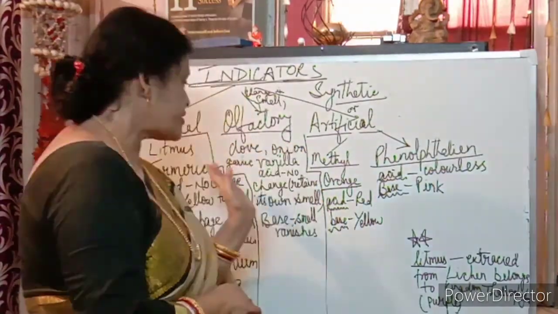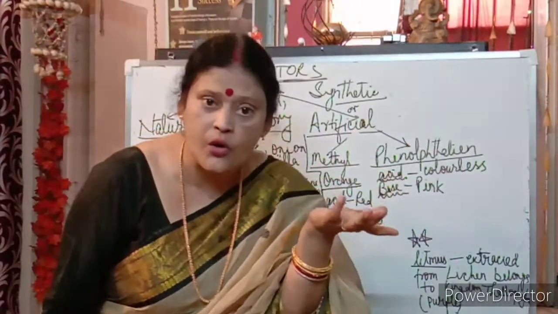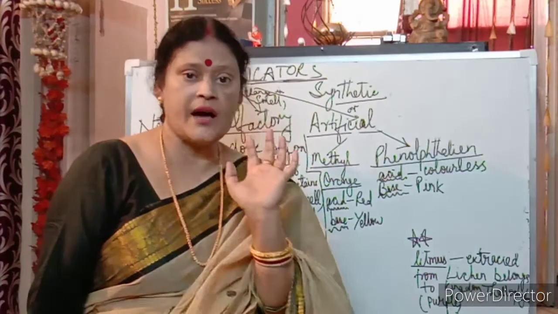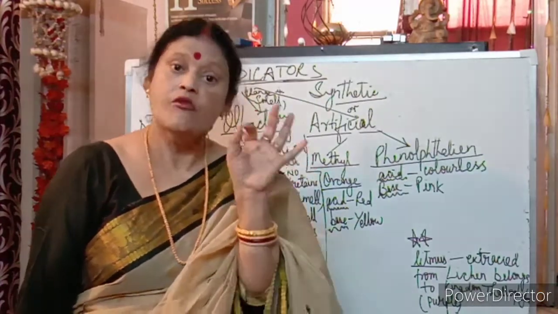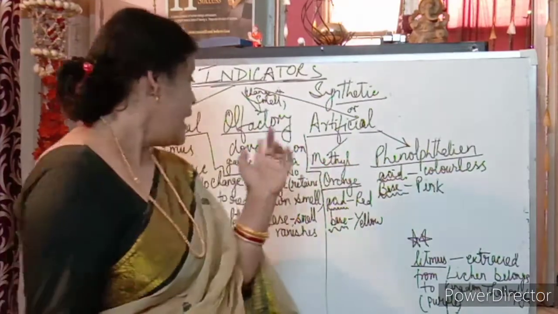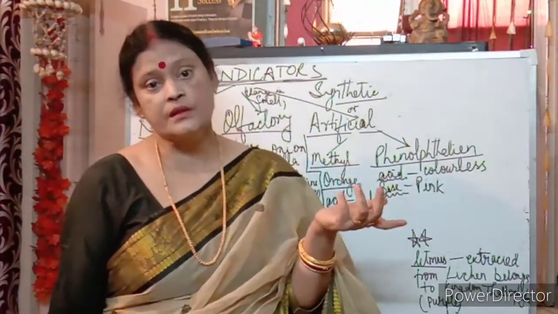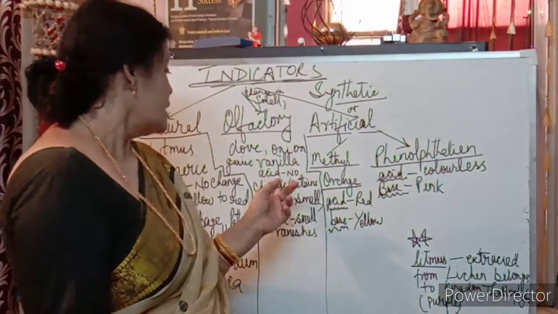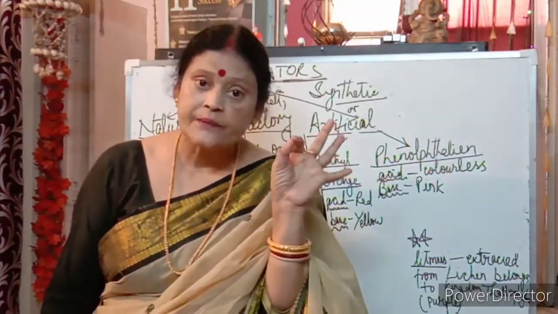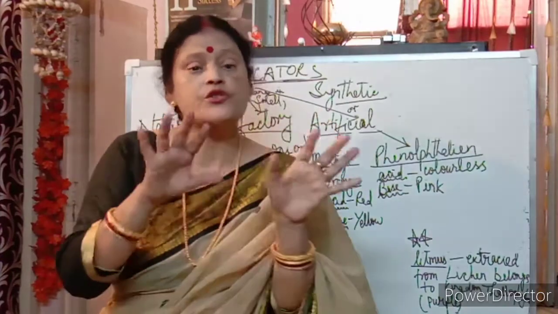They have a characteristic smell. Vanilla is there in ice creams and pastries, and garlic is used in cooking. In acid, they will retain their own smell.